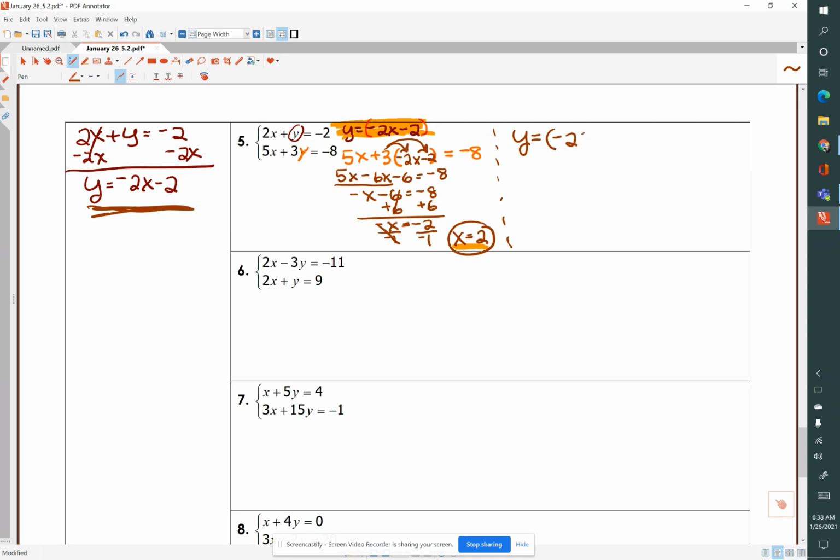Now we're substituting 2, use parentheses, minus 2. So y equals negative 2 times 2 is negative 4 minus 2. Y equals negative 6. So we've got 2, negative 6, and that's our ordered pair.